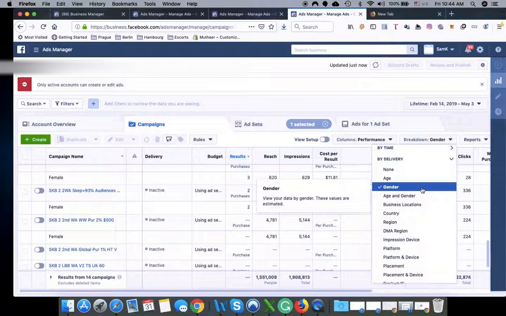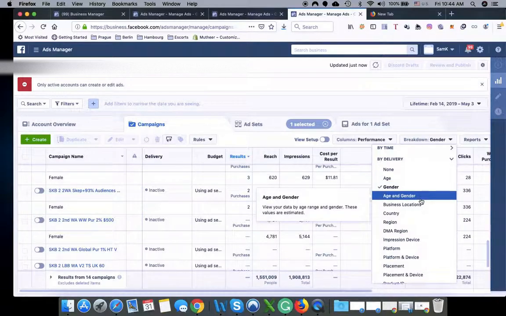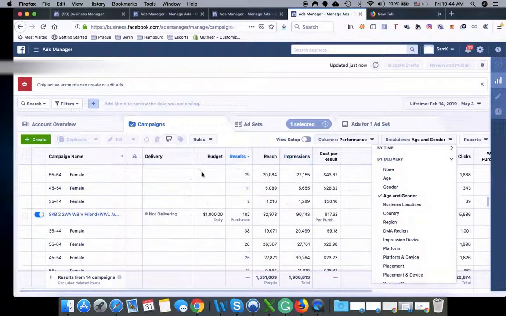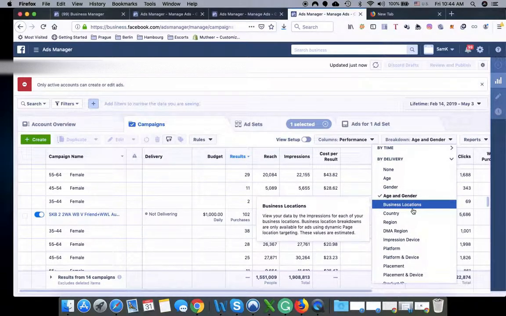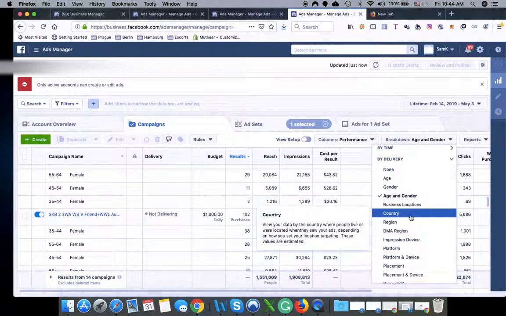And you could also look at age and gender, so it shows you females for that age, males. But again, this is all weight loss, so there's not enough data. It doesn't show the gender of males, that's my point.